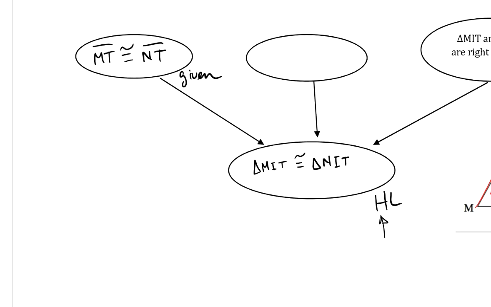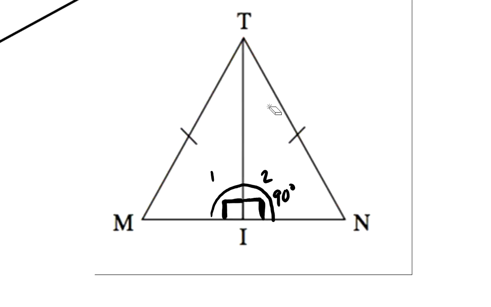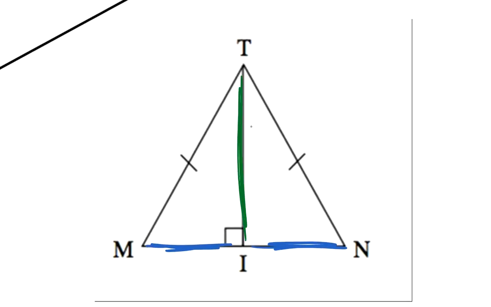The other thing I need is a pair of congruent legs. When I look at this diagram, none of the legs are marked congruent. There are two pairs of legs. We have this leg, and it goes with this leg over here. And then I also have this leg, and it turns out that it's the same on both sides. Both of those triangles share segment TI.